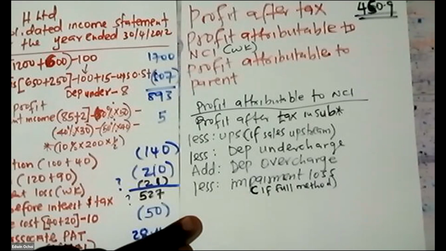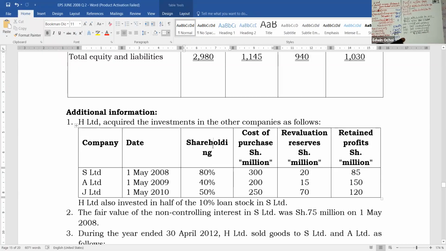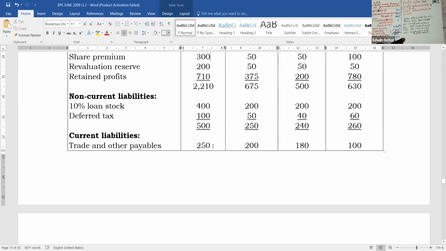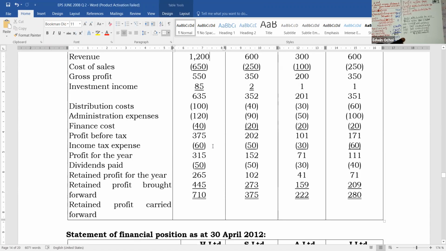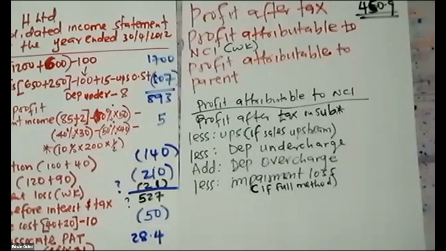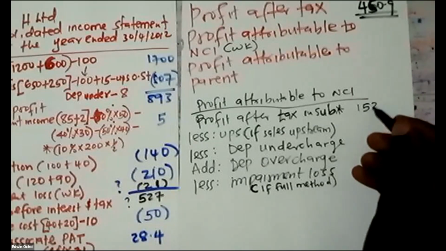So the profit after tax in S was which figure? 152. Yes. This one, eh? So that 152 is what is supposed to be adjusted.